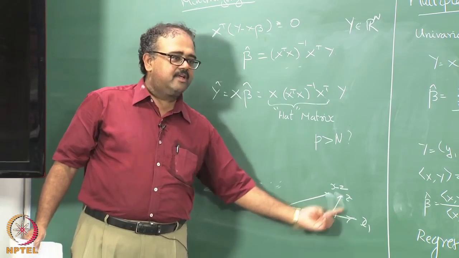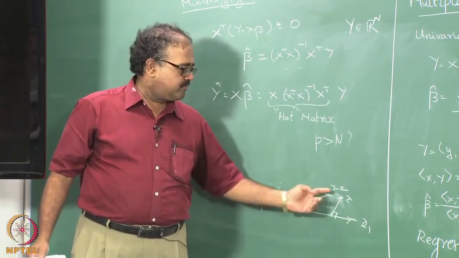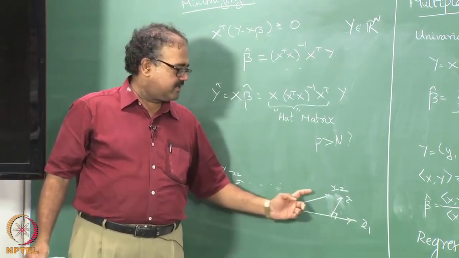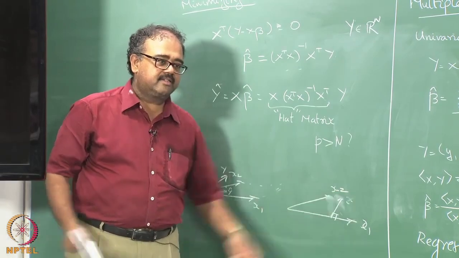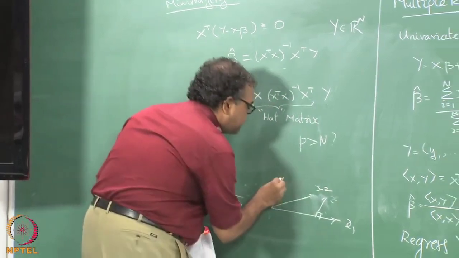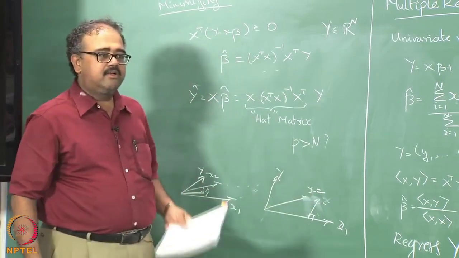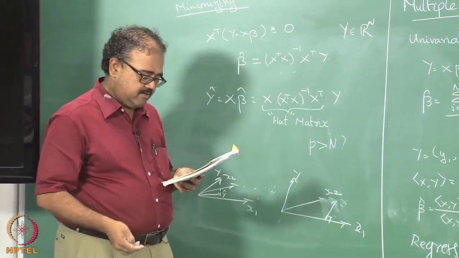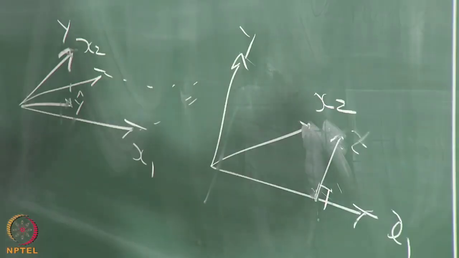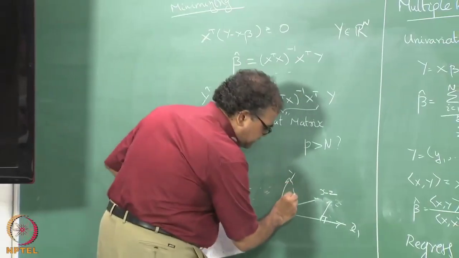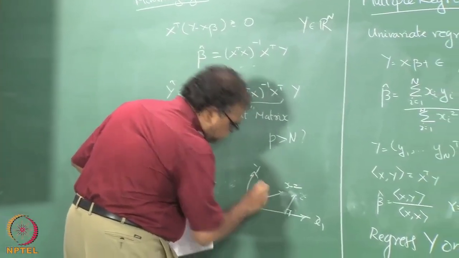So z is actually perpendicular to x1, and it is formed by regressing x2 on x1. That is direction z. And my original y, which was going out of the plane, now I essentially project on z to get the coefficient. It does not matter, this is still going to project here.